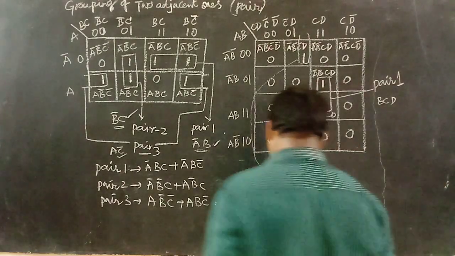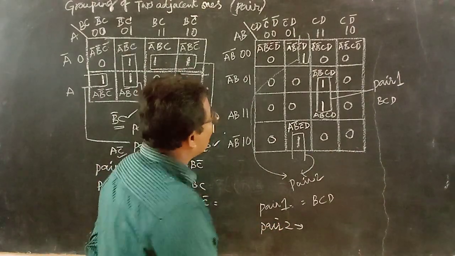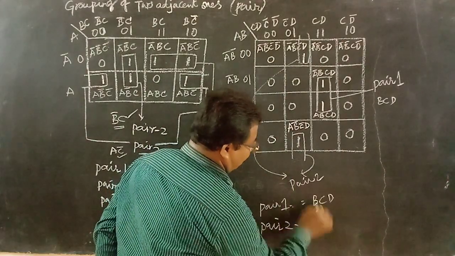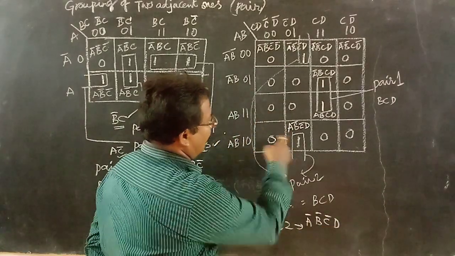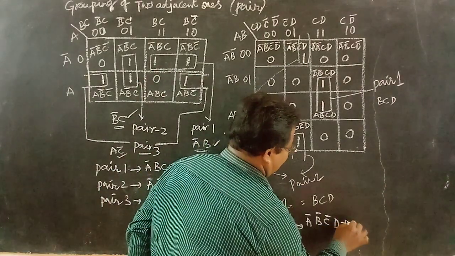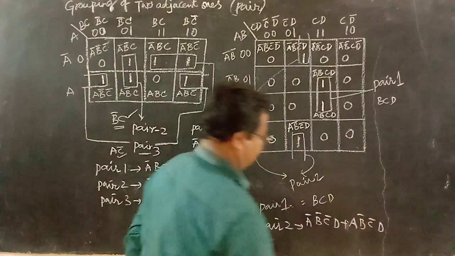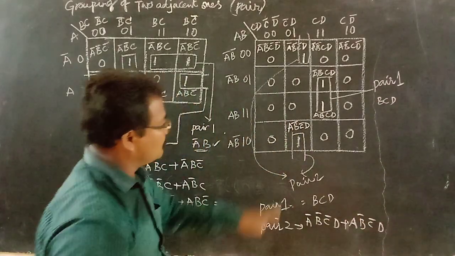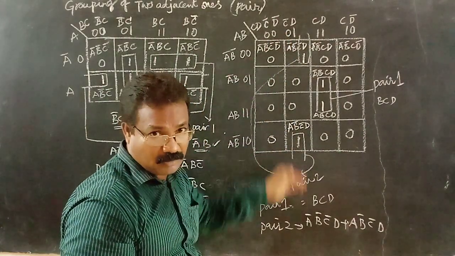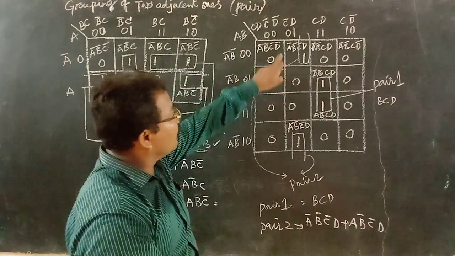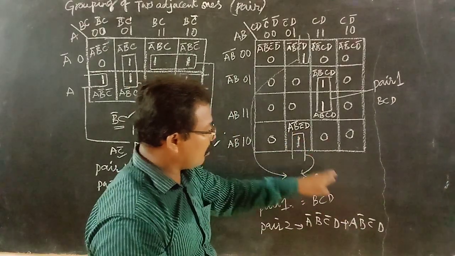And in the same way, pair 2 is the combination of A bar, B bar, C bar, D plus A, B bar, C bar, D. It is the combination of the topmost cell and the bottom cell of the particular column.